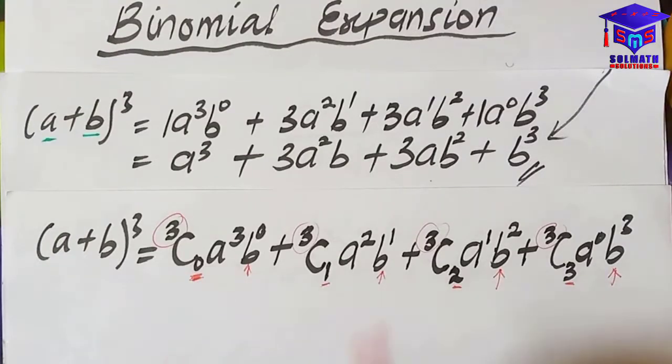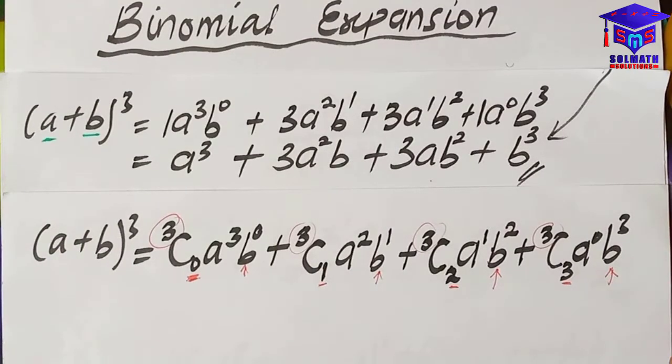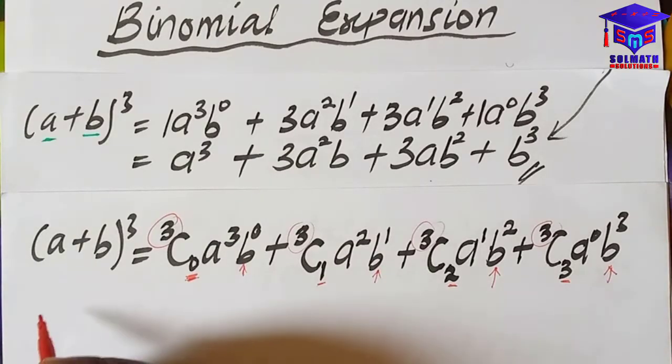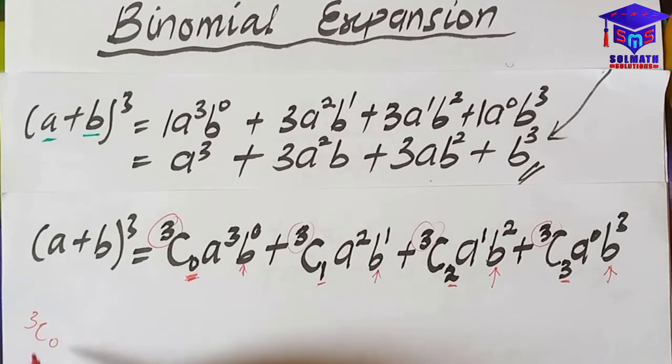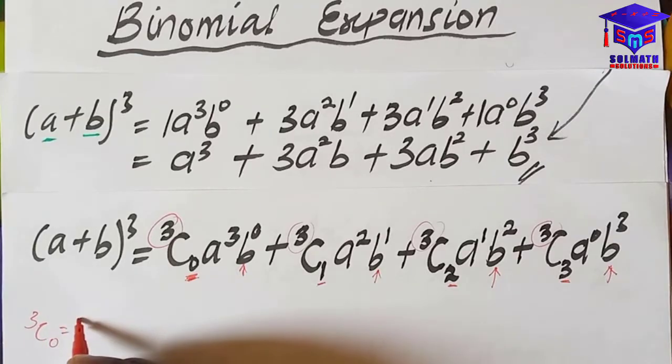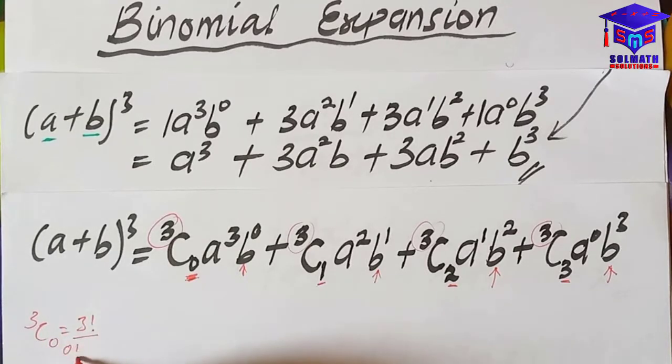I'll do the first and the second, then the others we can punch with the calculator. You can try that. So 3 combination 0 is equal to 3 factorial over 0 factorial times (3 minus 0) factorial. Then 3 factorial is 3 times 2 times 1, over 0 factorial, which is equal to 1, and then 3 minus 0 is 3, so 3 factorial is 3 times 2 times 1.